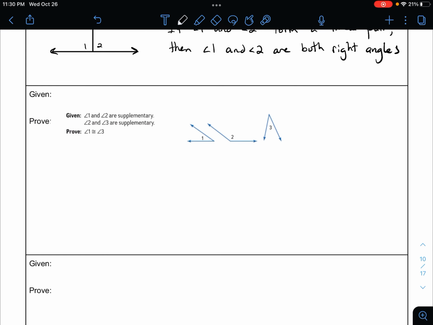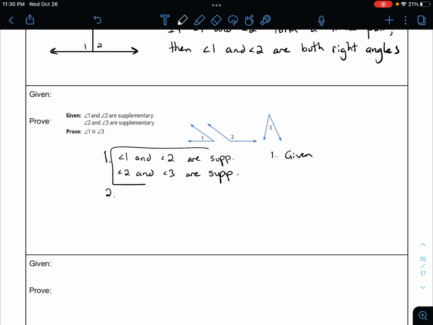So what they give me, they tell me that angles 1 and 2 are supplementary. They also tell me that angles 2 and 3 are supplementary. So in my statement column, I'm going to say angle 1 and angle 2 are supplementary. And I'm also going to say angles 2 and 3 are supplementary. All right, reason is obviously given.